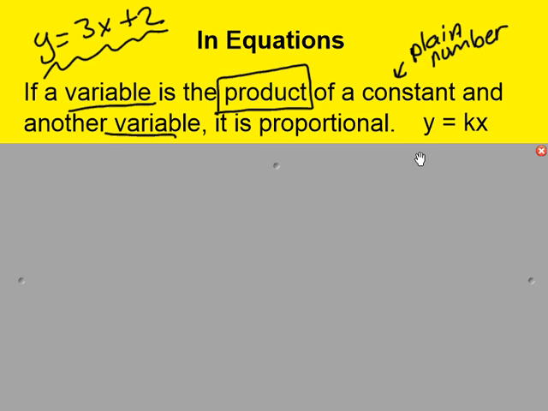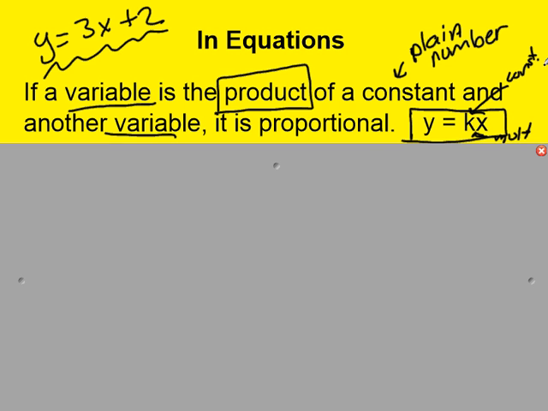Okay, let's break that down into something that makes a little bit more sense. I have this sample equation here. If a variable, for example, y, is the product, multiplication, these two things are multiplying, of a constant, k represents a constant. You might have seen a question on an iReady test that you've taken about finding the constant of proportionality.